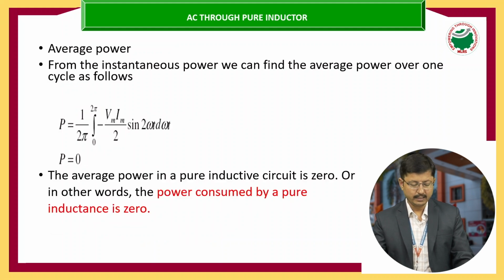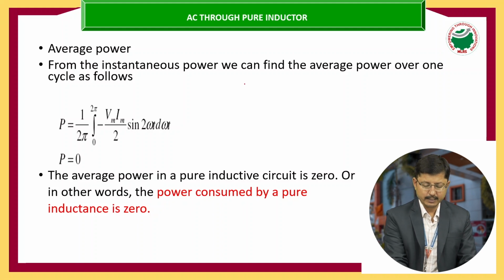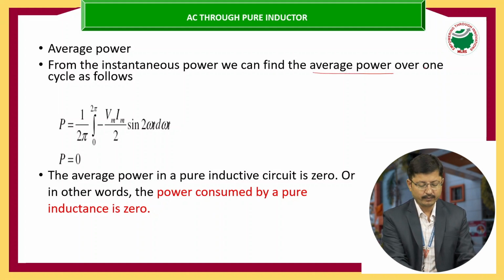Based on that, let us see the average power. From the instantaneous power we can find the average power over one complete cycle.